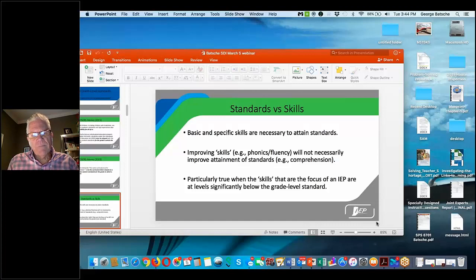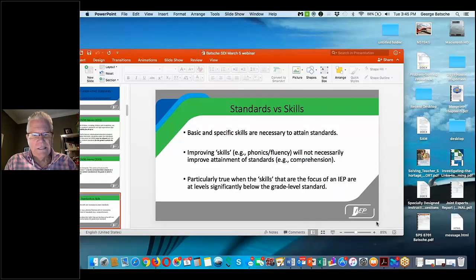So let's separate something out very quickly here, the difference between standards and skills. Beyond 2nd or 3rd grade level, the standards are not very much aligned with those skills. And by the way, as an example, there's no state in the United States that has fluency in a standard above 3rd grade level.